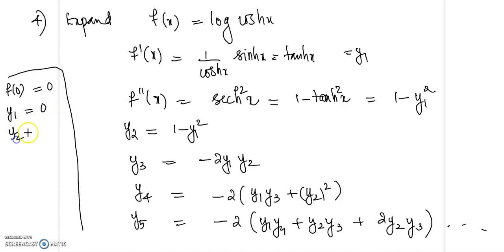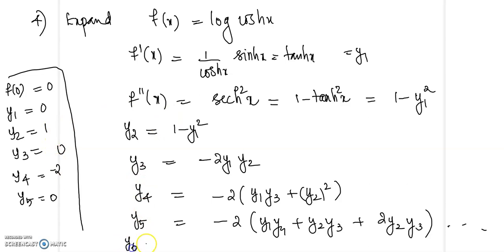So y2 will be 1. y3 is 0. y4 is minus 2. And y5, okay, we'll get, y1 at 0 will be 0, y1 and y3 are 0. So for y5 all the terms are 0. So we have got only 2 non-zero terms so far.